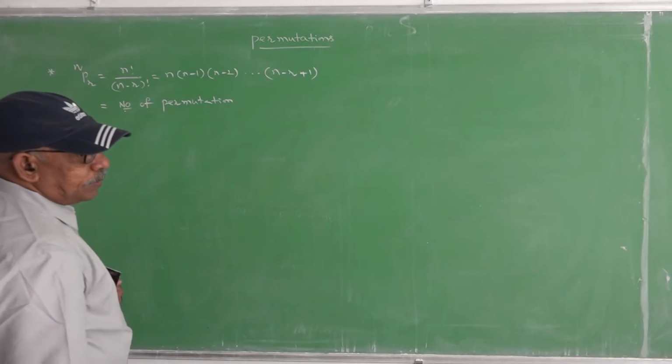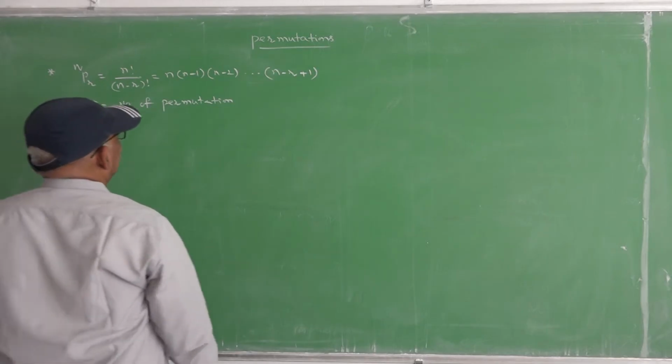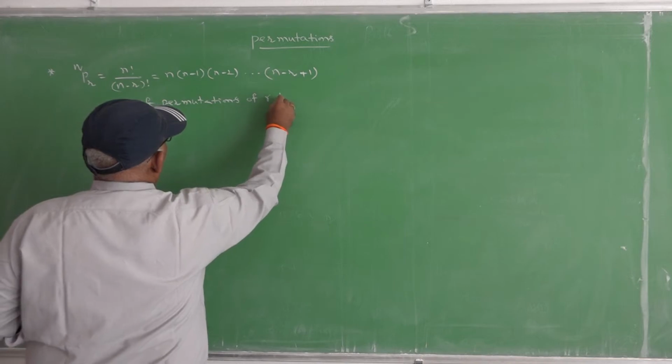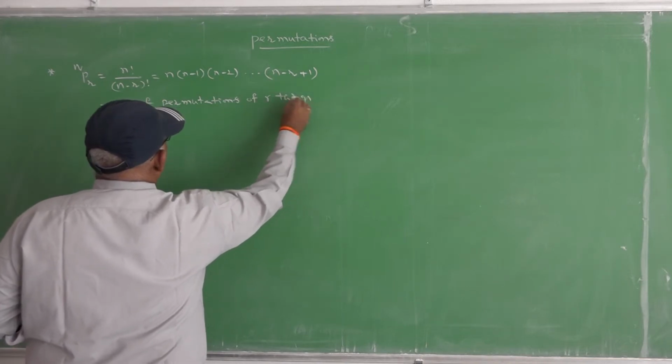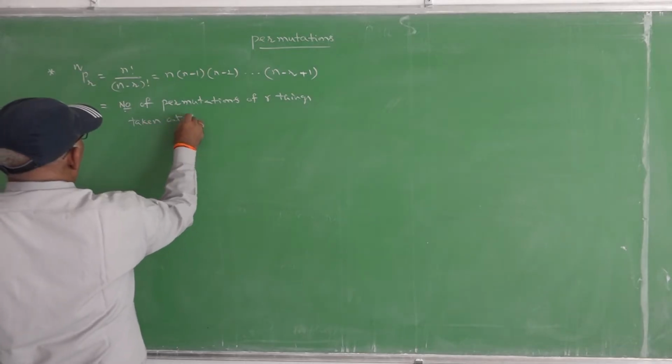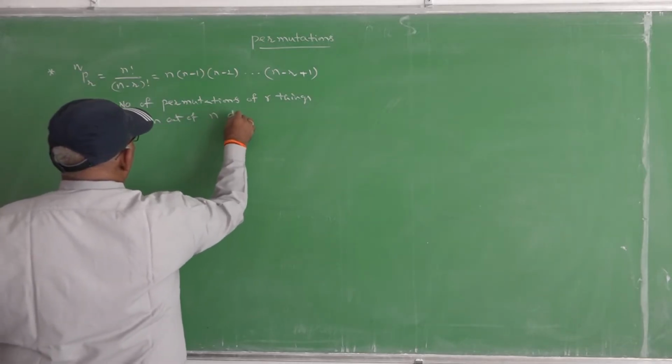No thing is repeated twice. So the number of permutations of r things taken out of n dissimilar things.